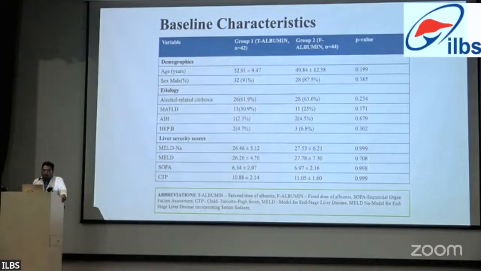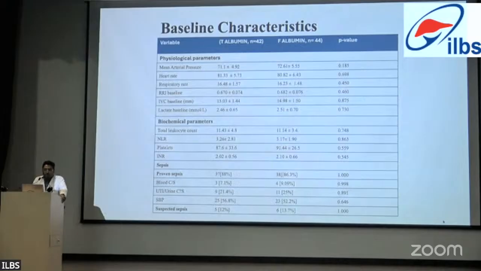Baseline SOFA was around 6 to 8 in those patients, and CTP was around 8 to 12 in the tailored group, and around 9 to 12 in the fixed dose albumin group.